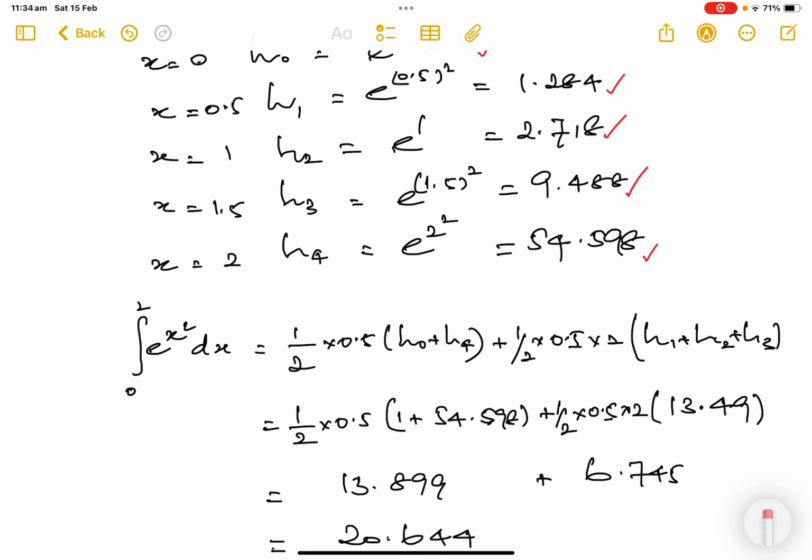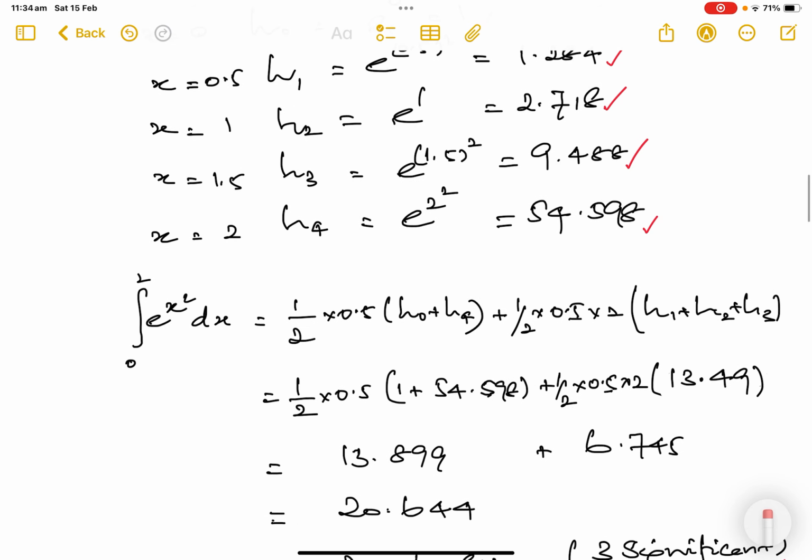And x equals 1.5, H3 is e to the power 1.5 squared, which is 9.488. x equals 2, H4 is e to the power of 2 squared, that is e to the power of 4, which is 54.598. So we have found H0 to H4.